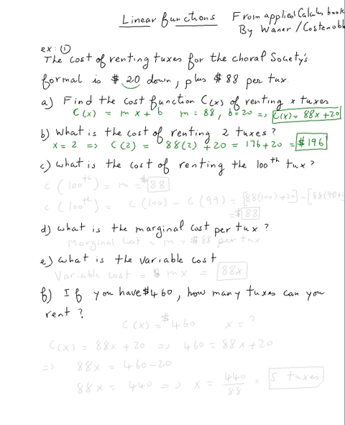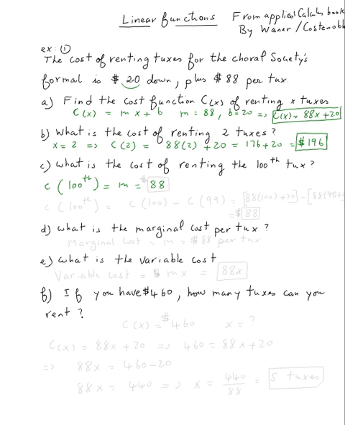For question C, what is the cost of renting the 100th tux? Now here we're looking for the cost of the 100th tux. So this is always going to be the slope, always. So if it's the slope, then it has to be $88.